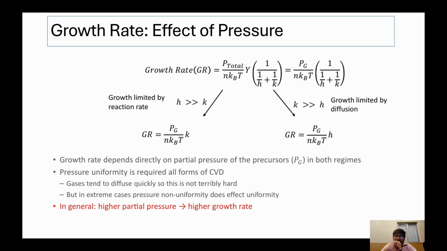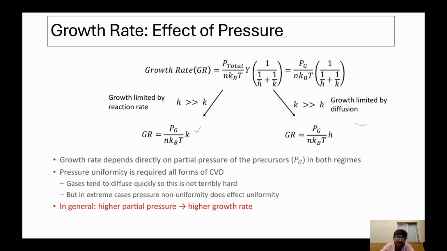Now here is the effect of the pressure. So this is growth rate limited by the reaction because H is very high, and we can say this reaction is very slow. In another case it is diffusion rate limited. For both the cases, growth rate depends directly on the partial pressure of the gas, for both regimes.